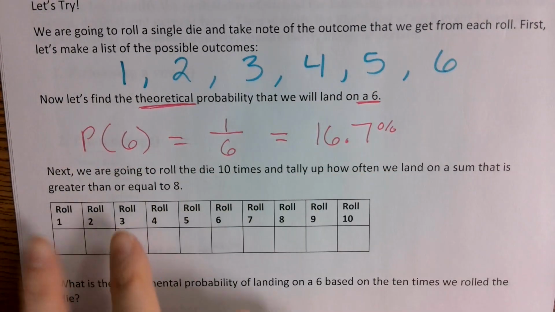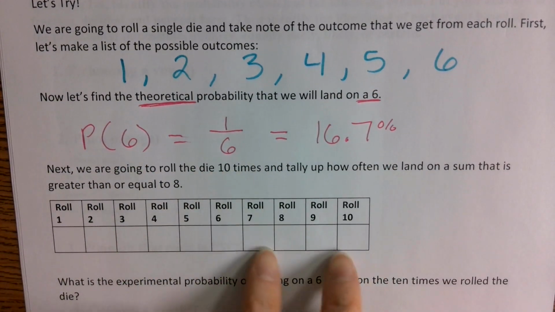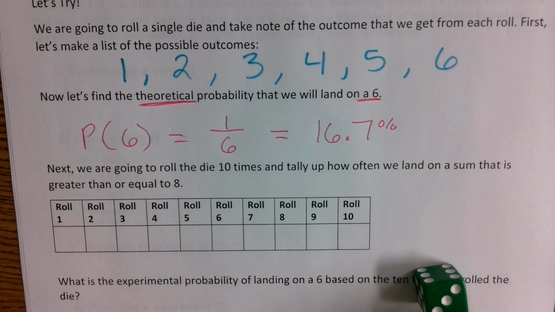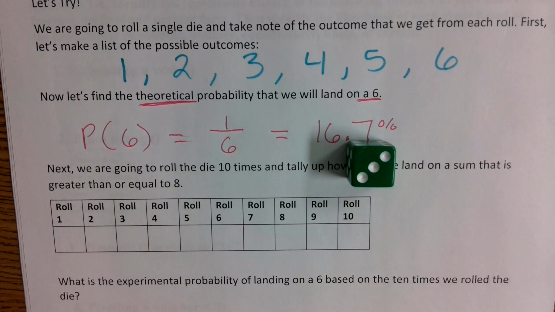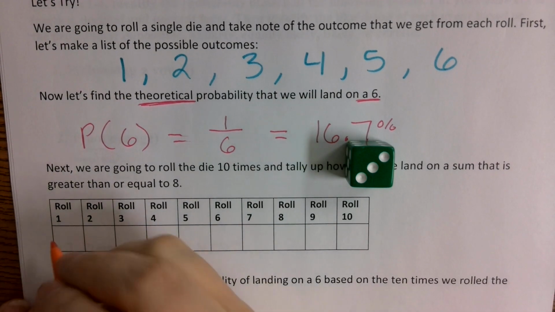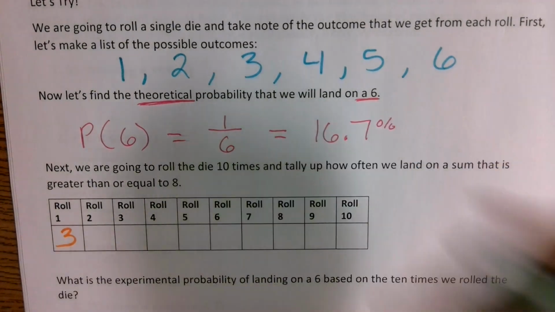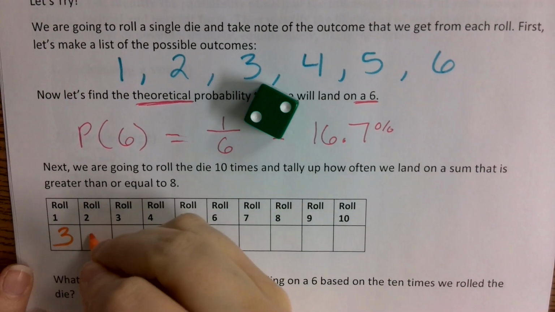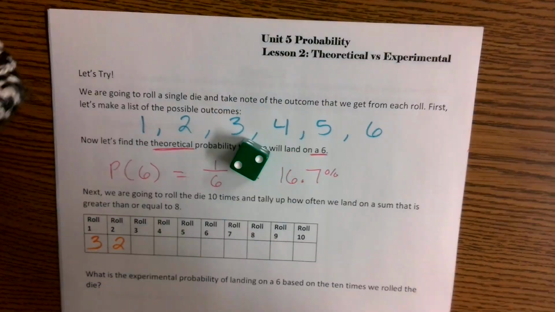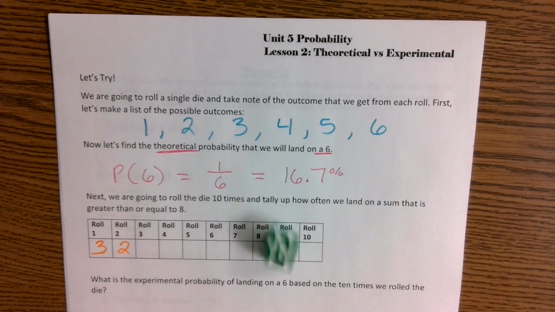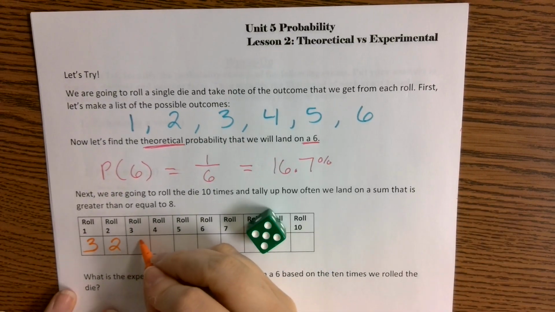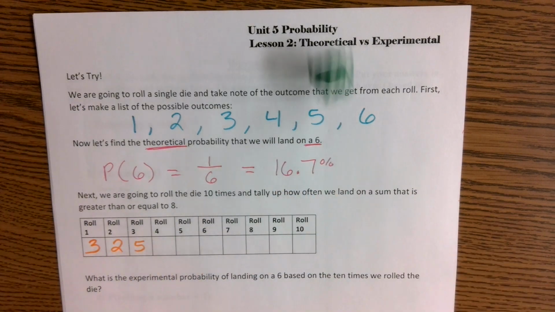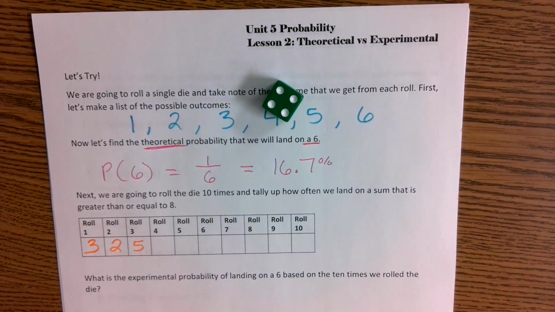Okay? So what we're going to do now is roll it 10 times, and we're going to document what we land on. So the first one, we landed on a what? 3. Okay, so for roll number 1, put down 3. Let's roll it again. We landed on a 2. Let's zoom out for this for a little bit. Okay, third time, we're going to land on a 5. So we've got a 3, a 2, a 5. Let's go another one. 4.